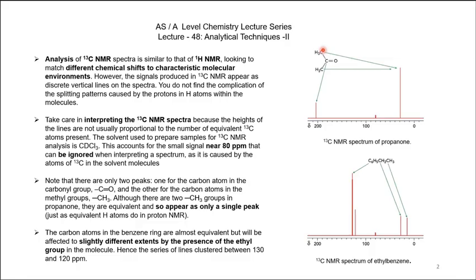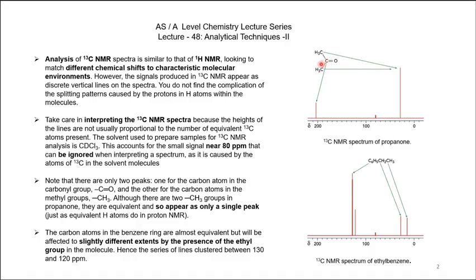Well, first of all, we have to look at what solvent we used for taking the NMR spectrum of propanone. In almost all cases, when we take carbon-13 NMR, we use CDCl3, as we have mentioned, and dissolve the molecule in CDCl3.